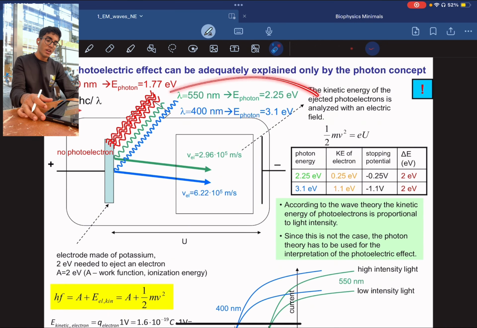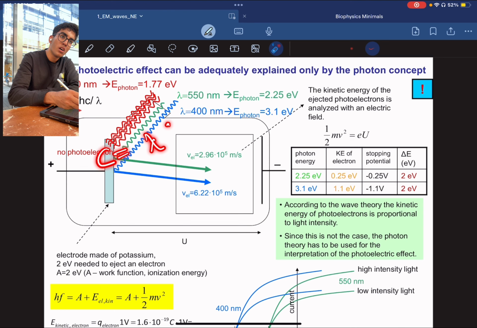We see E is equal to hf, and frequency here is given as the speed of light divided by wavelength. We know that because we learned that c is equal to frequency times lambda. How do you write lambda? I forgot. Sorry, I don't know how.